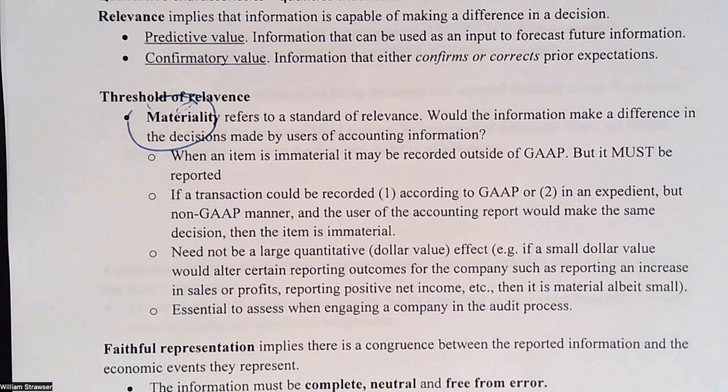If an item is not material, so if it's not relevant, if it doesn't change the decision an investor or creditor would make in a company, then we still have to report it, but we may be able to record it in a manner that is not GAAP compliant. So we're talking about perhaps small dollar values, but not always, right? We have to have a little bit of judgment in that.